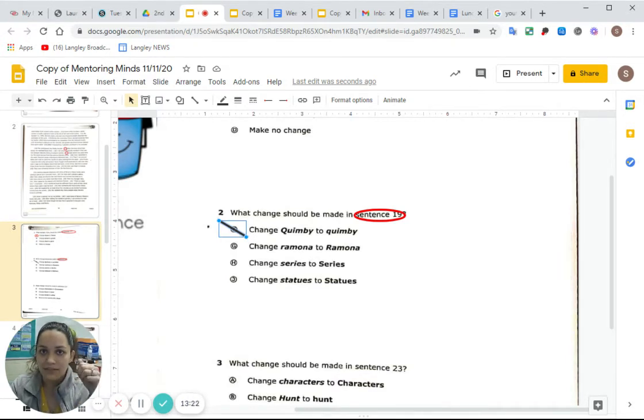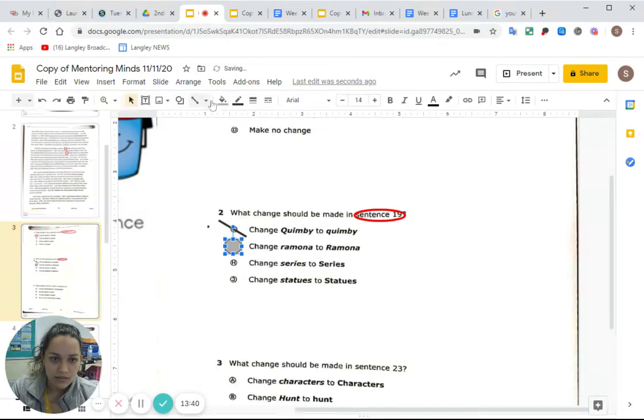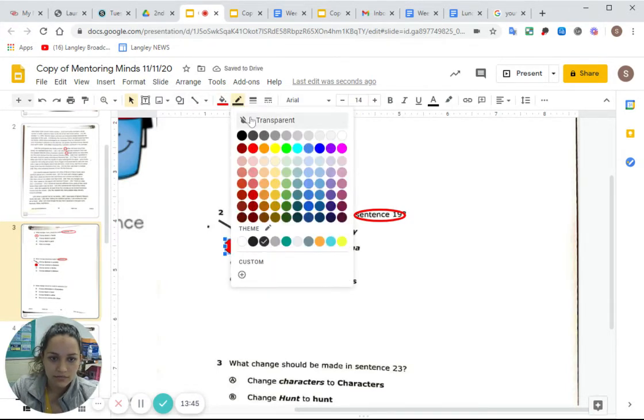So we know that specific names of people, places, things, titles, or books should be capitalized. Would we want to change it to a capital R? Yes, we would. So more than likely, this is going to be our answer. Let's double check and make sure.